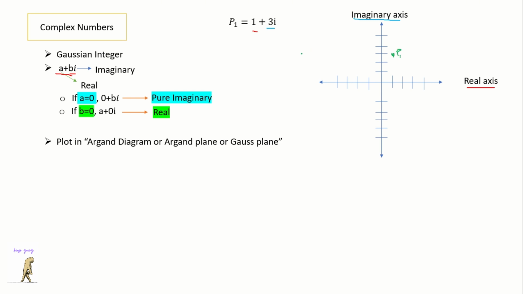Let's have some more examples. Next is negative 2 and positive 4. Let's count 4 upward: 1, 2, 3, 4 here. Negative 2 and positive 4. This is our point 2.